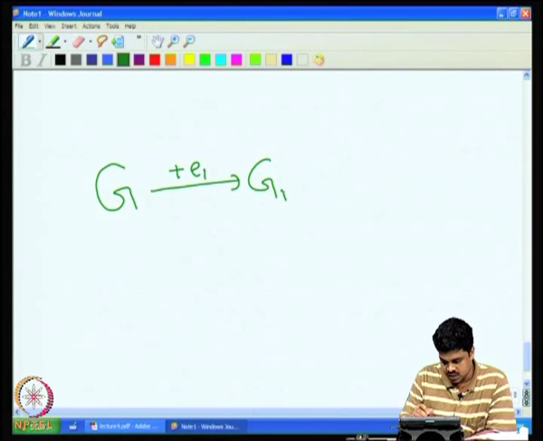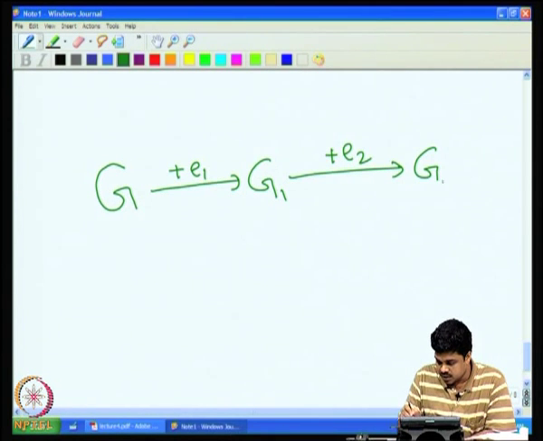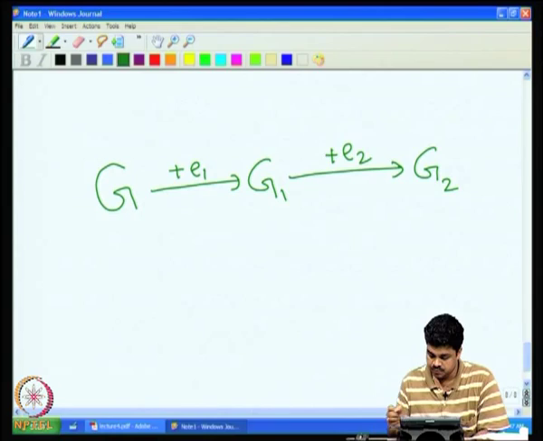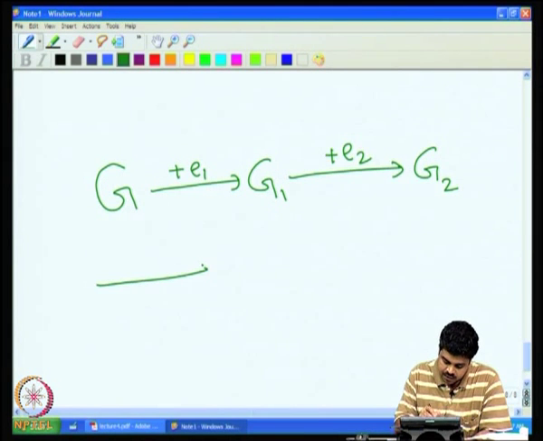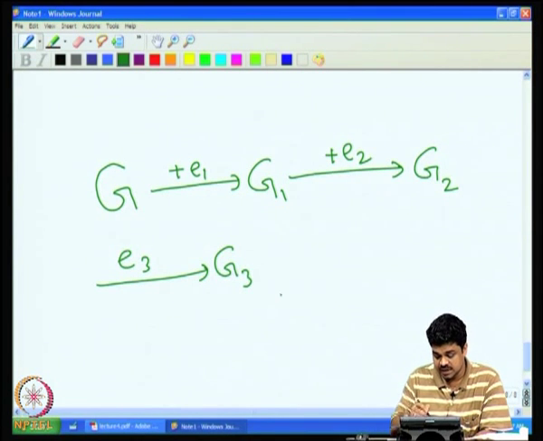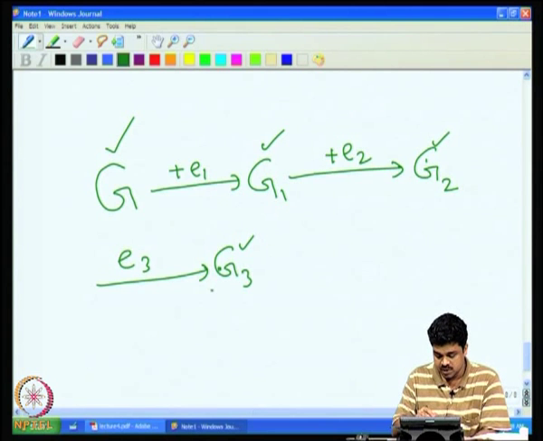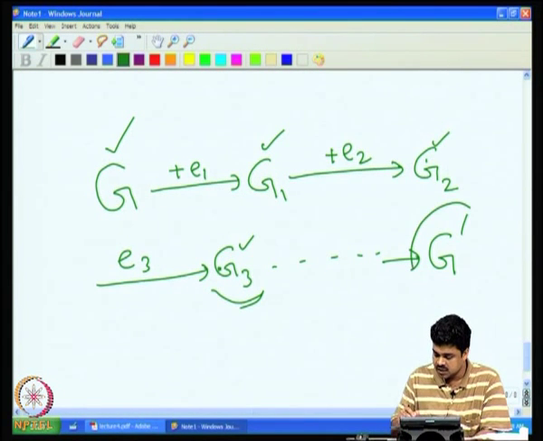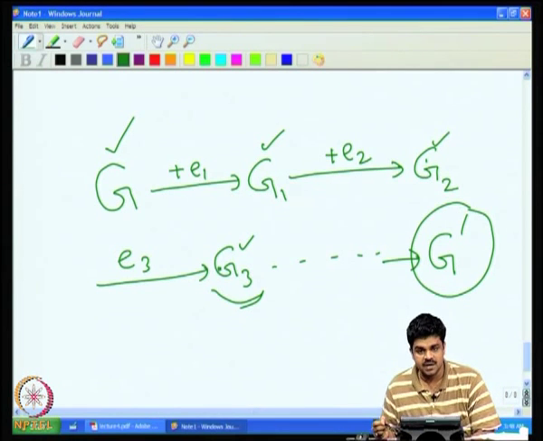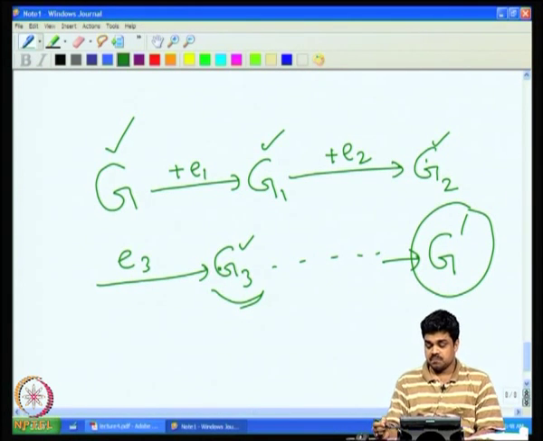Instead of looking at that, I could have even added another edge E2, and created a new graph with more edges, G2, and definitely I could have added one more edge E3, and made a G3. Anytime I get a bad set here, that same bad set will be a bad set here, and here. It would be enough to look for this. And finally you could have come to a graph which I call G dash, such that no more new edges can be added without creating a perfect matching.